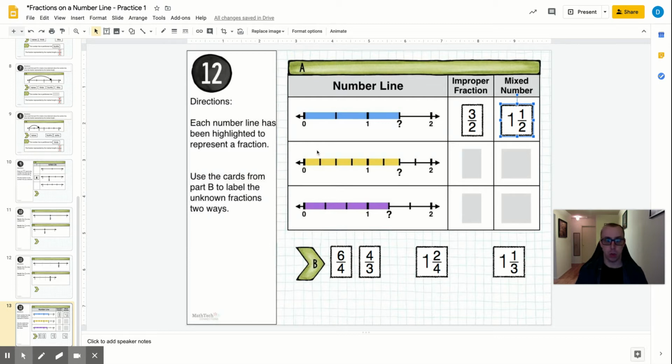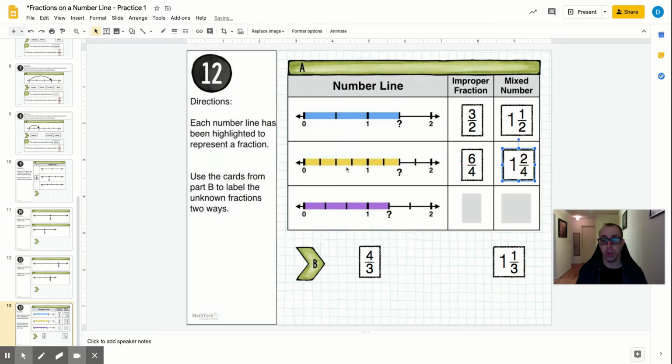This one here was 1, 2, 3. This one is fourths. So here we have fourths, 6/4, and I'll just double check that. 1, 2, 3, 4, 5, 6. 6/4. And then that's 1 and 1, 2 fourths.